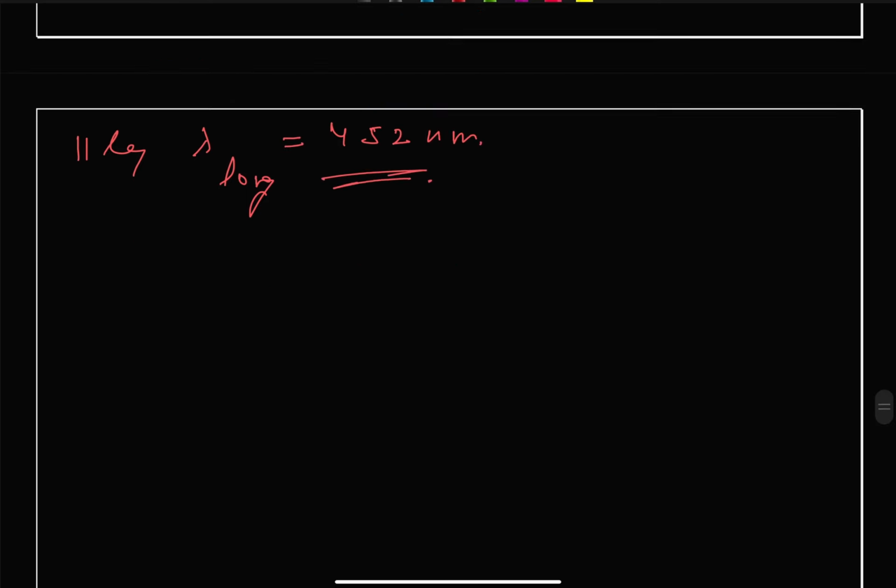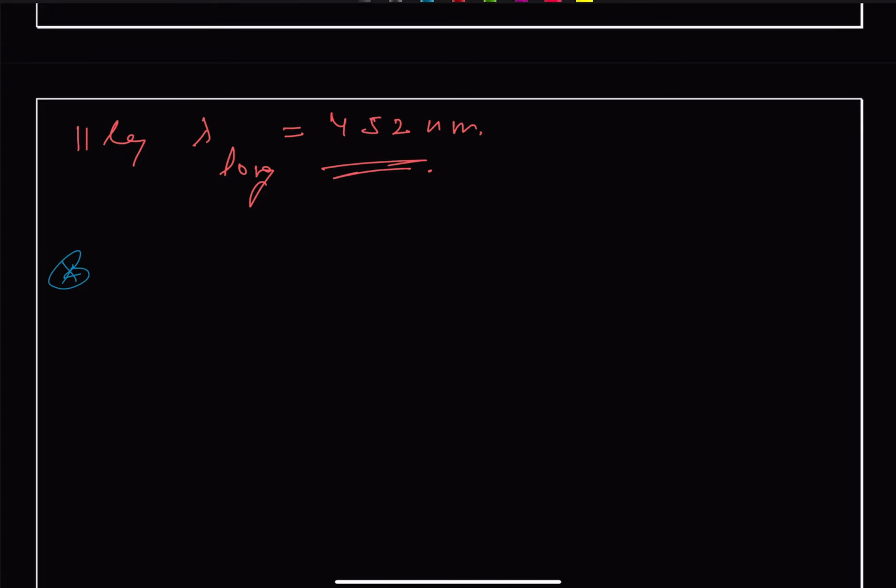We can find the energy associated with each wavelength. The relationship we already know, photon energy E is equal to hc upon lambda.